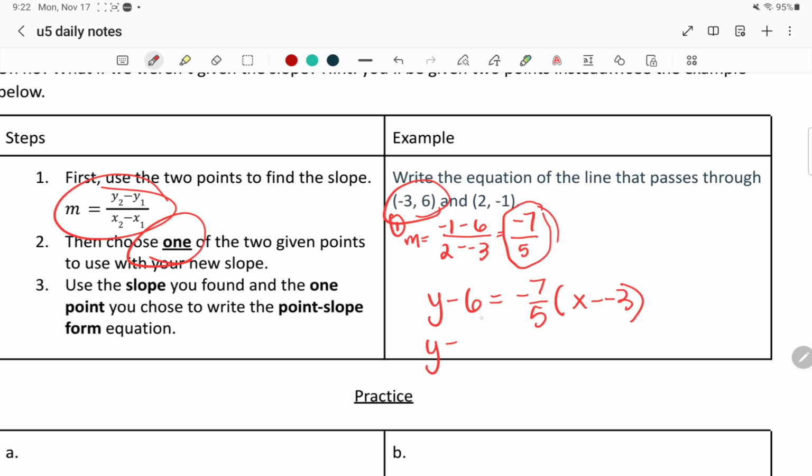It's going to look different, but Delta Math will still mark it right. Both of those are perfectly acceptable answers in Delta Math. I picked a different point for each, so you can see the 6 and the -3 in the first one, and you can see the 2 and the -1 in the second one. But my slope is the same because the slope is just the change between the points, okay?